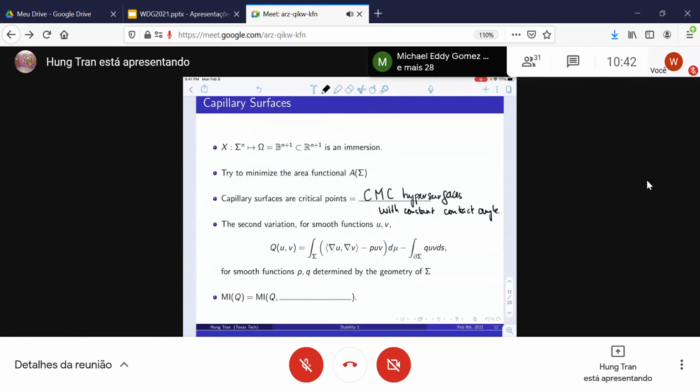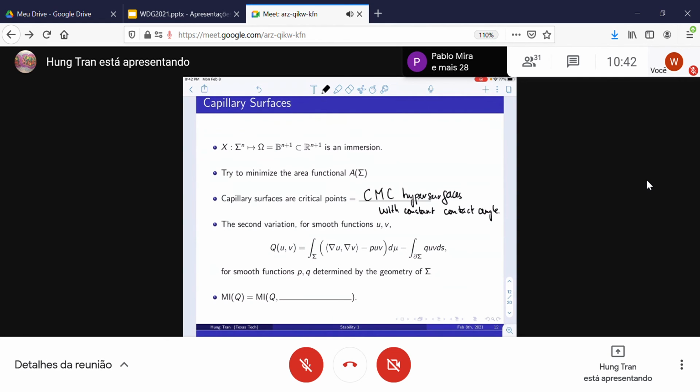And that is expected because of the first variation calculation. I didn't show you the first variation calculation, I only showed you the second variation calculation. But the first variation is similar in the sense that it involves an integration over the boundary and also an integration over the interior.